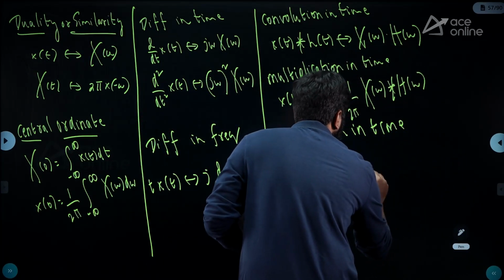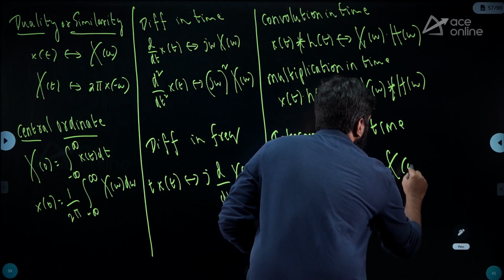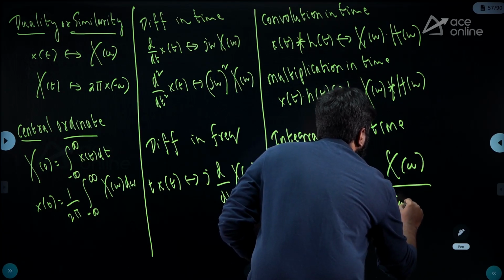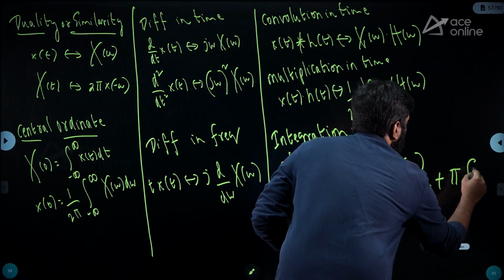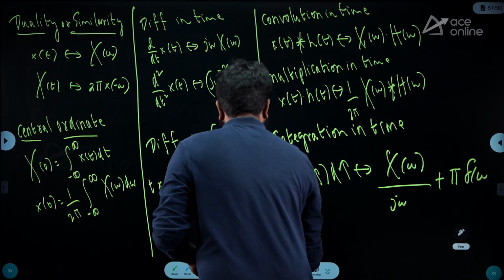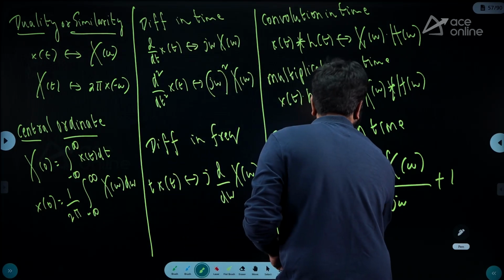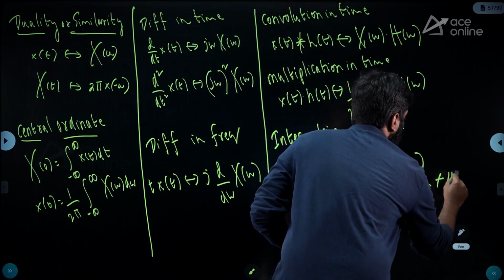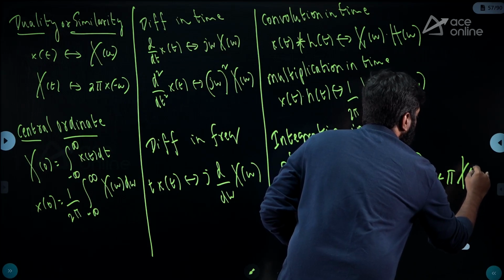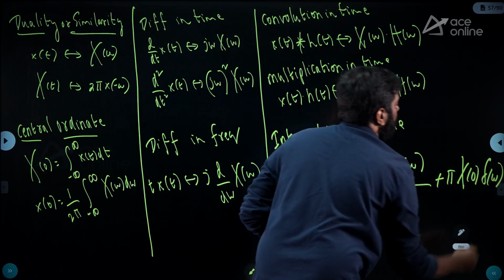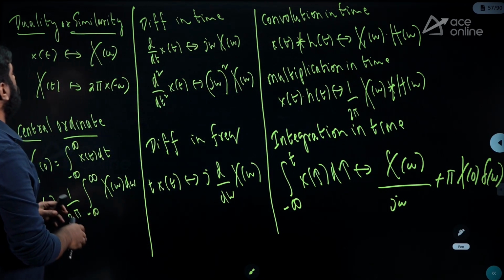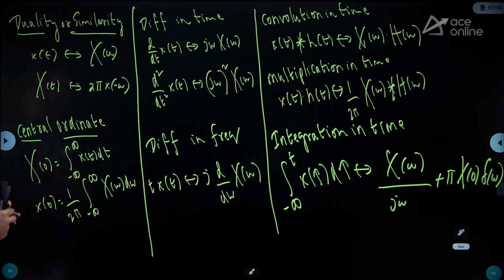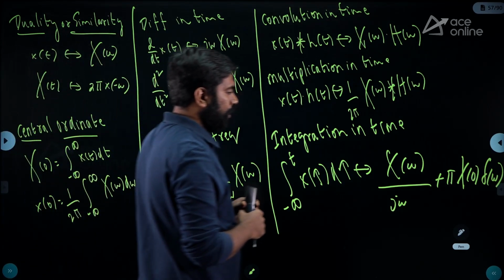And the answer is X of omega by j omega plus pi times capital X of 0 into delta of omega. These are some of the most important properties in Fourier transform.